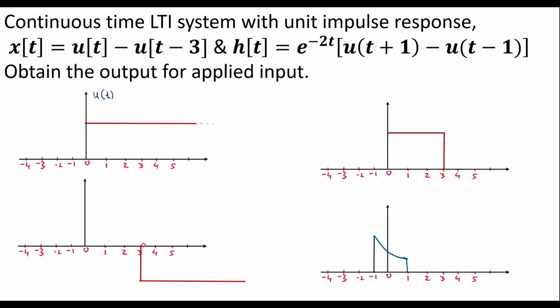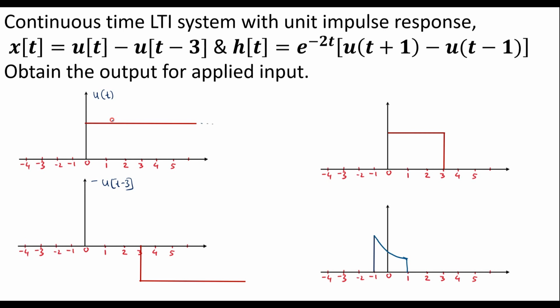That is shown here. As it is minus, it is represented as negative, which will be downside. So the magnitude of this signal is minus 1. Let this be u of t minus 3.